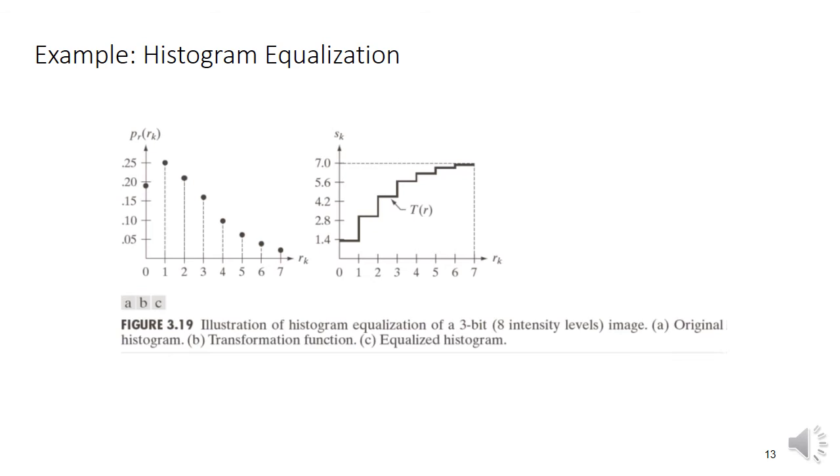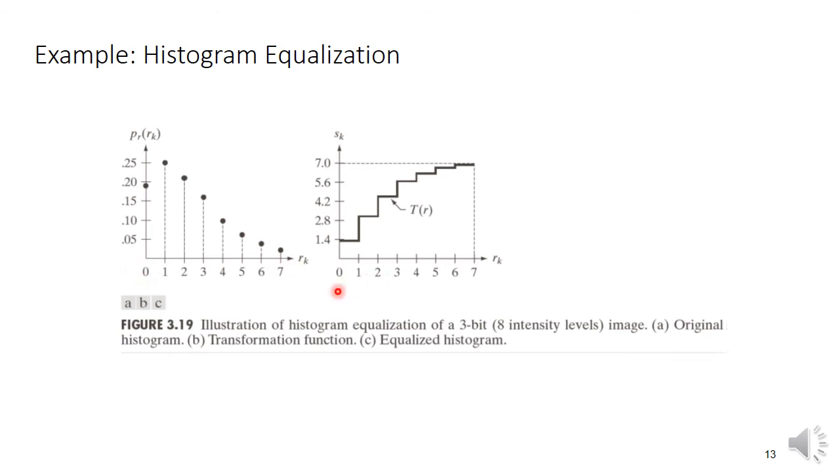Here you can see that we have an illustration of histogram equalization applied upon a 3-bit image, and in a 3-bit image we know that in total we have 8 intensity values, which are 0 to 7. This is the original histogram, the first one, the image A, of all calculated values, as you saw in the previous slide.